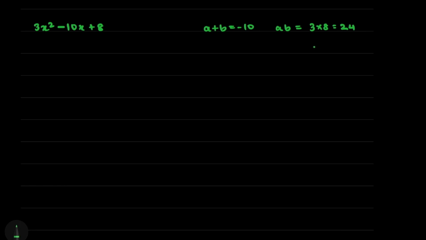What I tend to do, because I know we need a product of 24, is try 24 into 1, 12 into 2, 6 into 4, and there we go. We already got it.